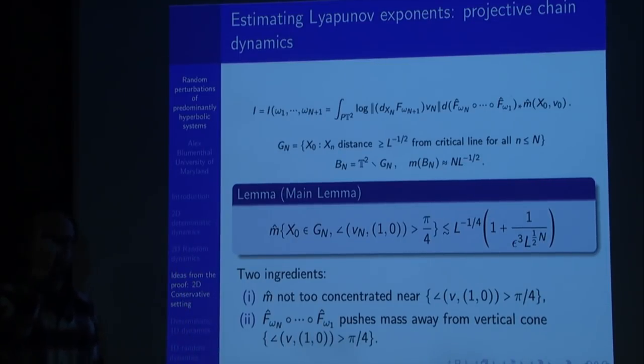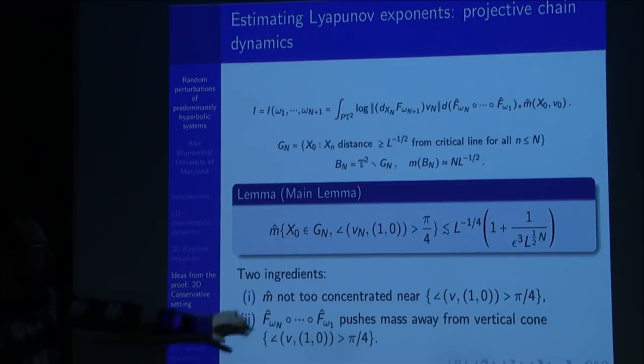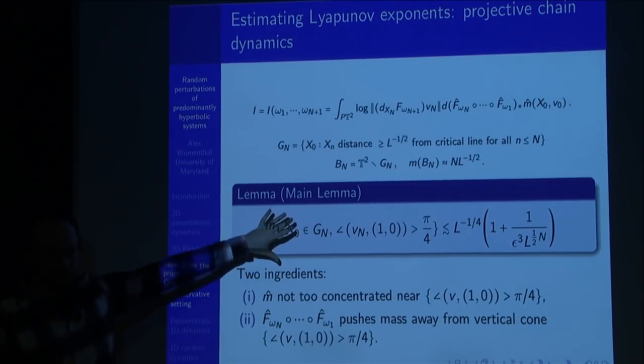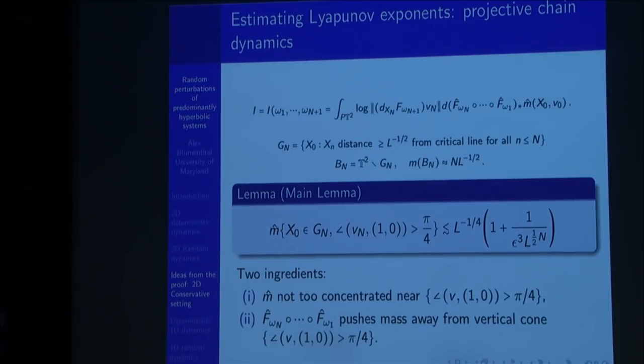If there were just some atoms sitting in the vertical direction that just got stuck there, I can't conclude that I knock that atom out. So this argument doesn't work, for example, for discrete random perturbations. You really need something absolutely continuous here.